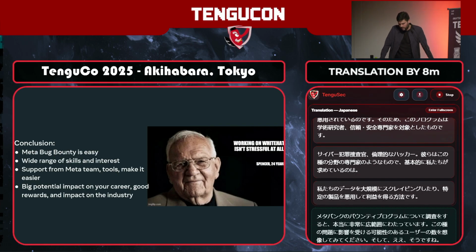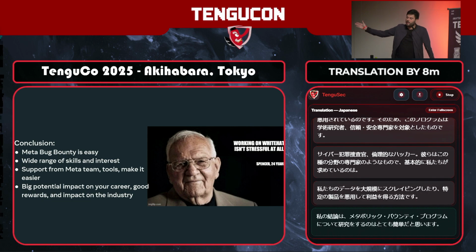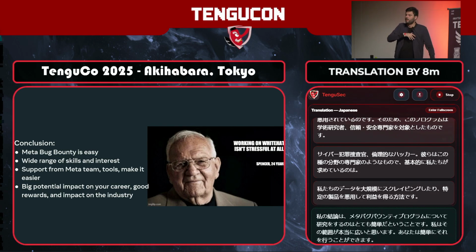So my conclusion is that doing research on the Meta Bug Bounty program is super easy. I think the range of the scope is really wide. You have simple UI bugs, you have hardware, you have crypto if you're interested in that, you have privacy issues, you have so many different types of issues.